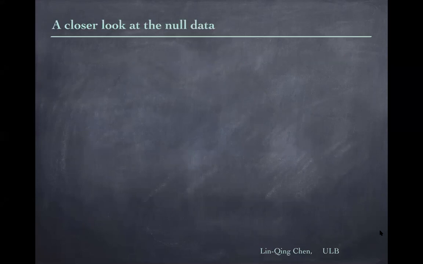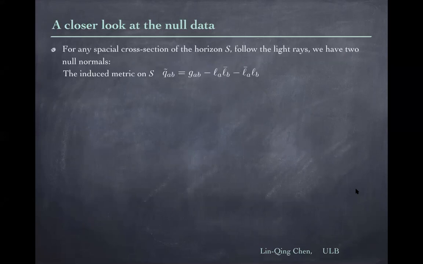So to really well define those Hamiltonians, we need a closer look at the null data. For any spatial cross-section of the horizon following the light ray, we have the two null normal vector fields. The induced metric on any cross-section of the horizon can be expressed as the space-time metric minus the two null normals.